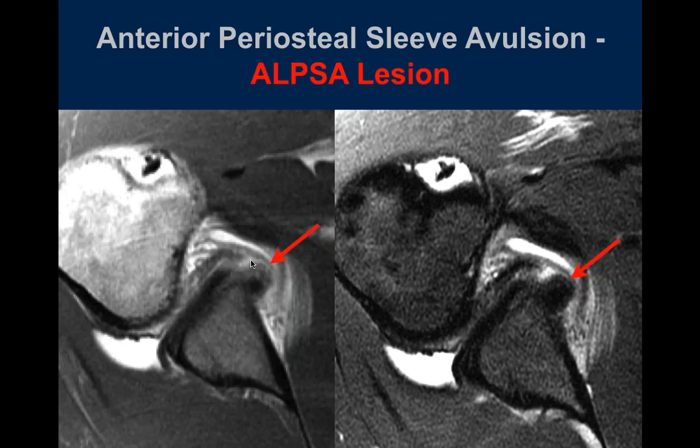But then it displaces anteriorly and becomes fibrotic, scars down to the anterior aspect of the glenoid, and this is called an anterior labroligamentous periosteal sleeve avulsion. This is important because if you want to repair this, the surgeon has to know that they have to go in and free up this scarred-in portion of the anterior labrum, put it back in the normal position, and then fix the anterior labral tear.